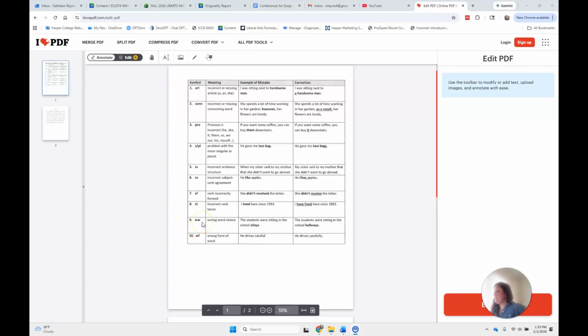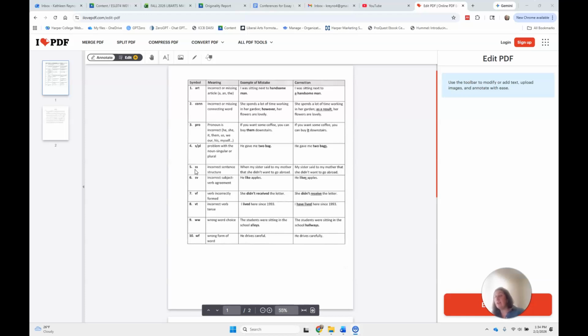Usually if I use these codes, wrong word or wrong form, I will tell you what word you should be using instead. So if you don't understand the meaning of one of the codes, always look back at this paper and see if this will help you to understand it. Usually when I use the SS, number 5, sentence structure, I will tell you if the sentence is a run-on or a fragment.